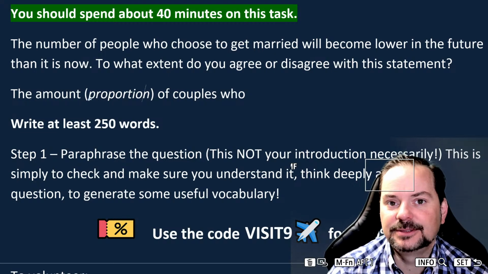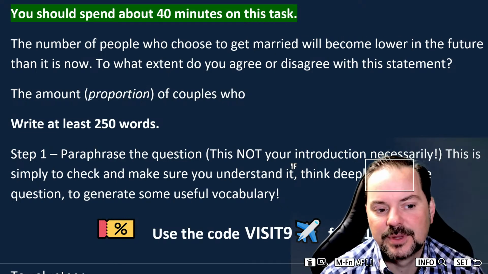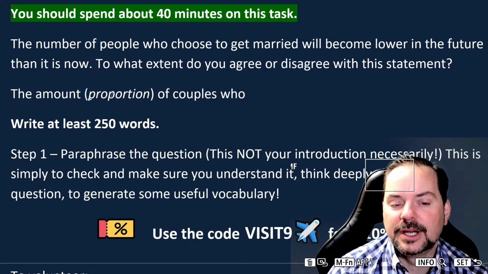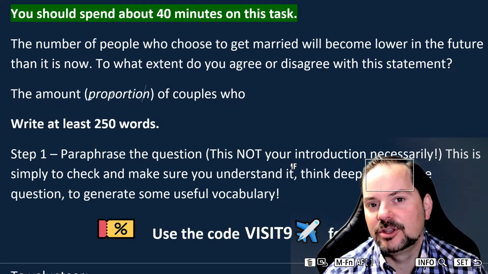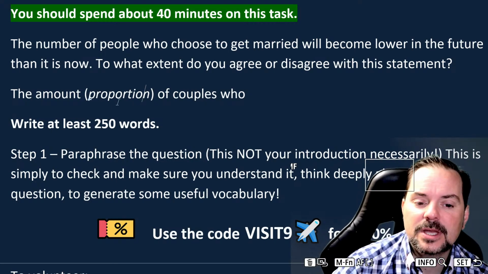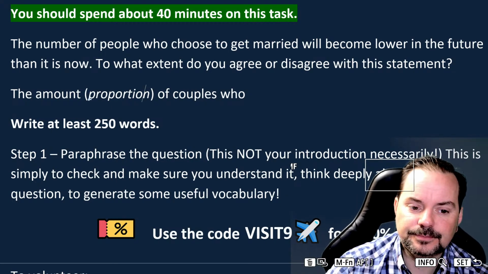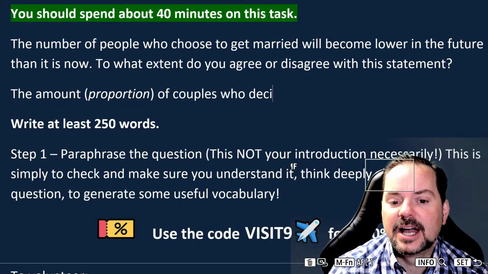Number is like a million, proportion is like 2/3. It's not really the same. So you have to be careful here. I wouldn't write proportion. In a university class anyway, the professor might say, well, it's not exactly the same. So be careful. So the amount of couples who choose is simple, decide, right?